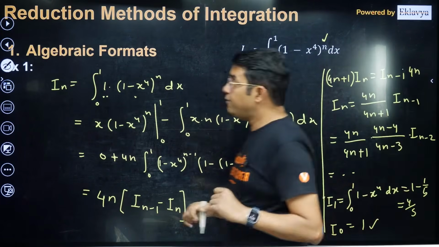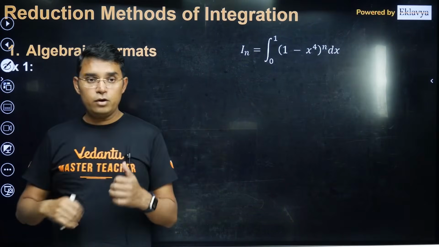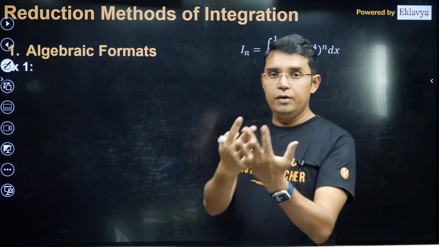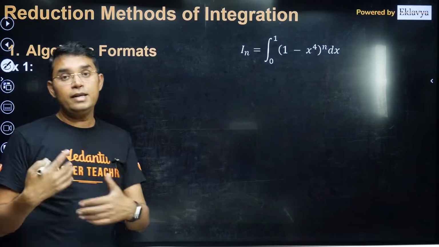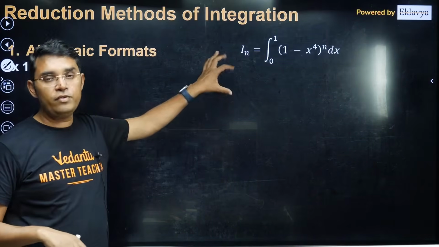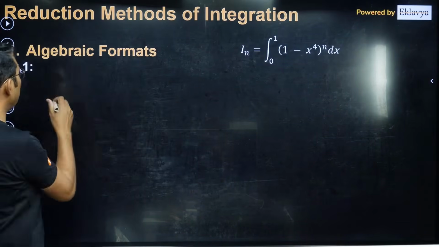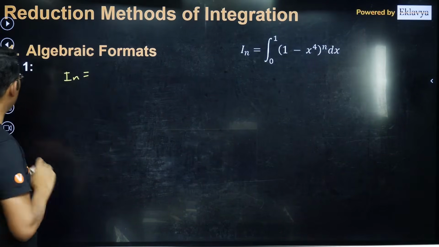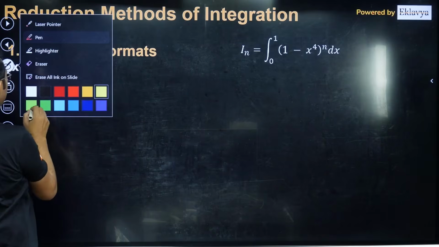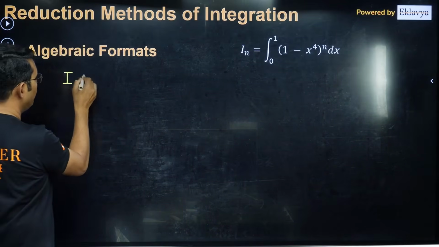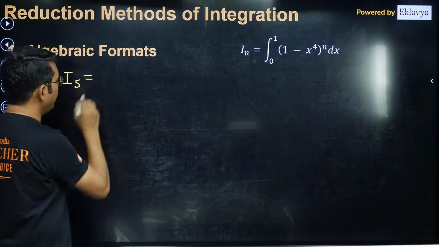Now I will tell you the alternate method also, and then I would like to link the two results. That can be a good learning for you, how we can create some identities with the help of integration. Now if you do this question with the help of binomial expansion, let me take a small value of n, say I₅.